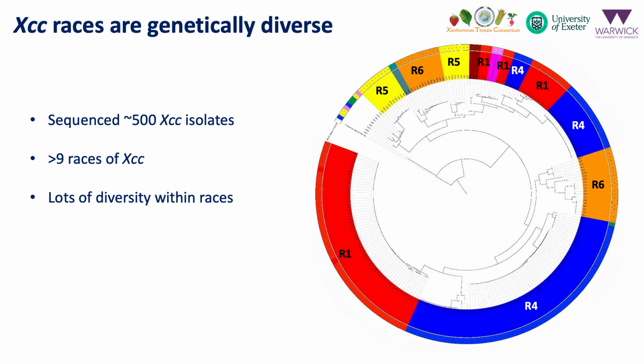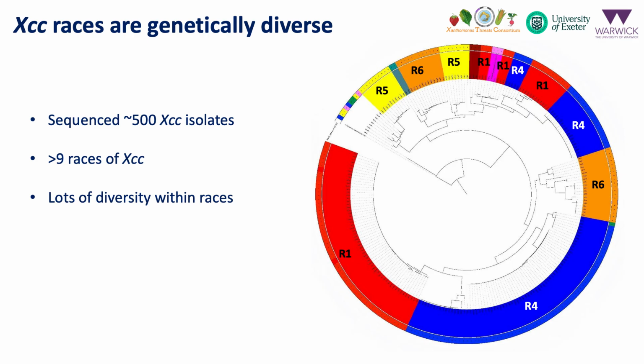At Warwick, as part of the Xanthomonas threat consortium, around 500 different isolates of XCC were sequenced, and they were found to be very genetically diverse. So even if we have a resistant cultivar of brassicas against race 1, what about race 4, or other races? It's difficult to breed for resistance as well.